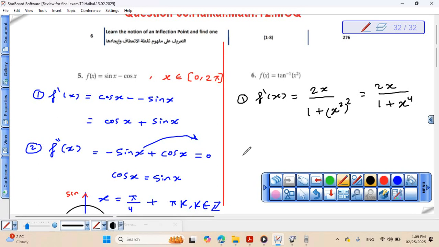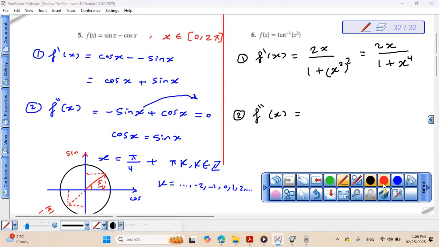The second derivative here, f double prime of x, you can use the quotient rule. Yes, quotient rule here, as you see. Excellent. What is the derivative of 2x? 2 times 1 plus x to power 4 minus 2x times 4x to power 3 over 1 plus x to power 4 squared.